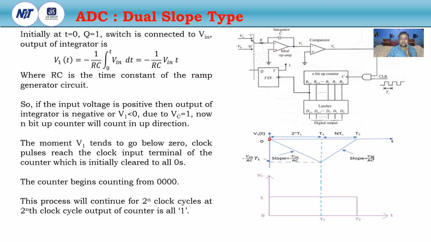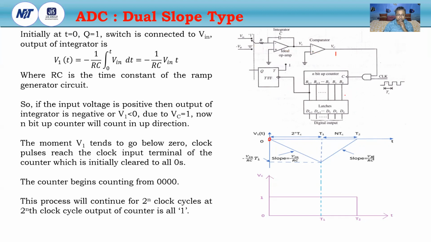So if the input voltage is positive, the output of the integrator is negative, or V1 is less than 0. So VC is equal to 1.